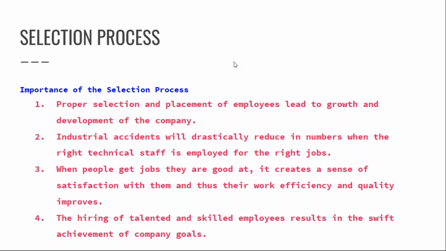And then, when people get jobs, the term that comes in is job satisfaction. If somebody is getting a job as per his or her satisfaction, then what happens? It creates a sense of satisfaction with time, and thus their work efficiency and quality start improving.